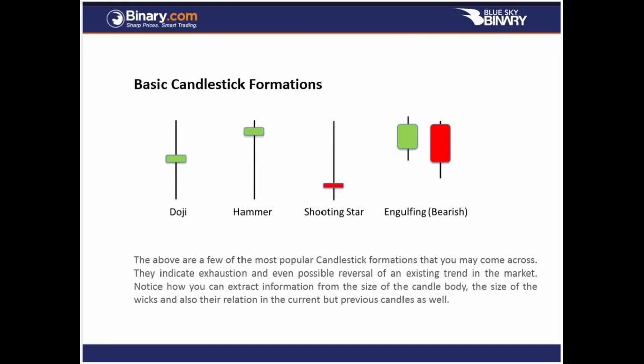The last one is the engulfing formation, and in this case it's the bearish variant, because you can have both bullish engulfing and bearish engulfing. So in this case, what happens basically is that we have a bullish candle and then we have a bearish candle.